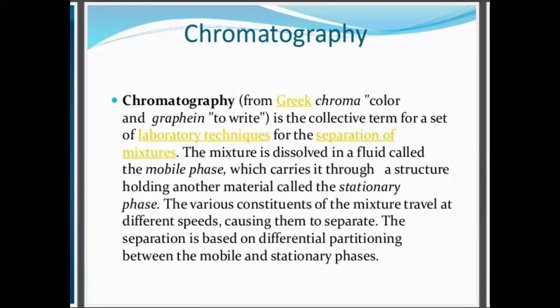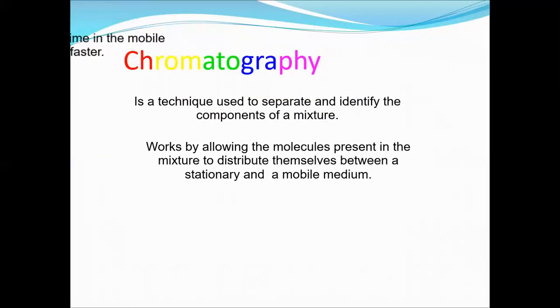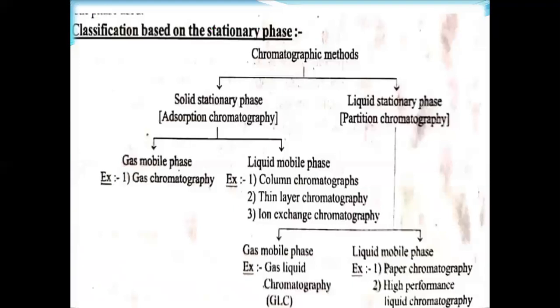When the mixture is used, three important terms are the stationary phase, the mobile phase, and the components of the mixture. We have seen why we are doing it, and we have seen the classification.